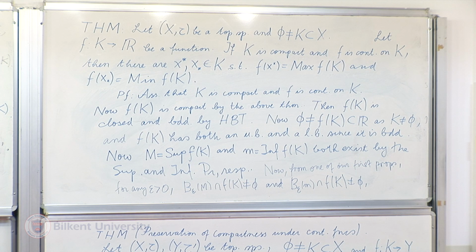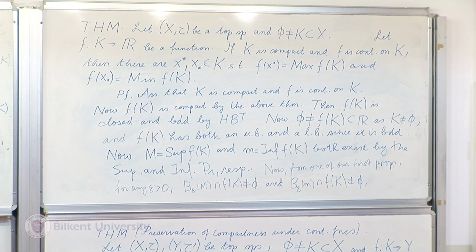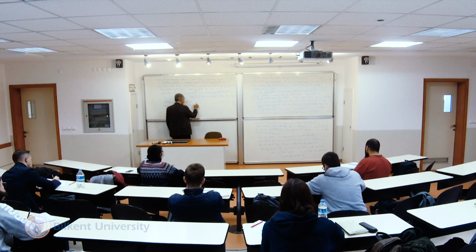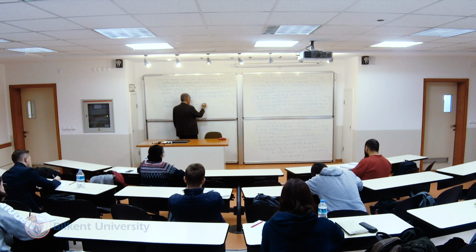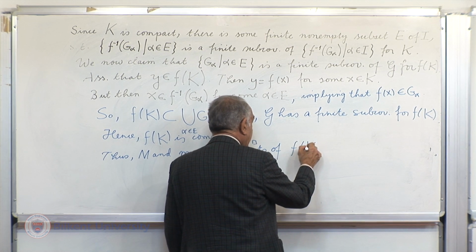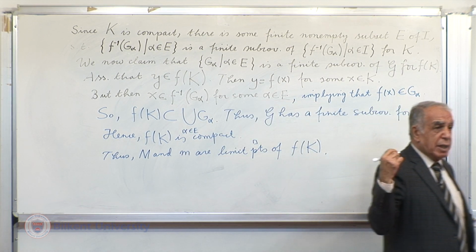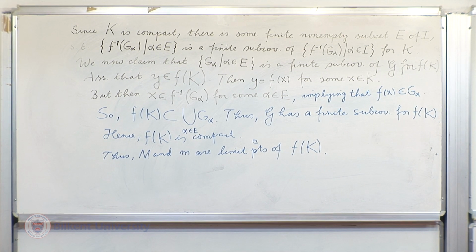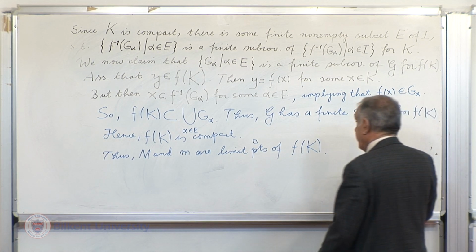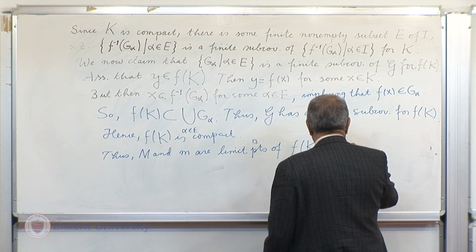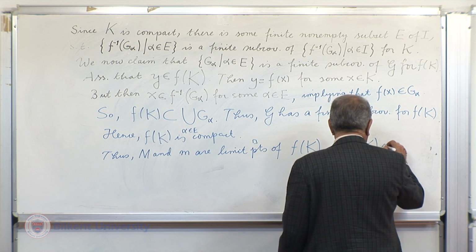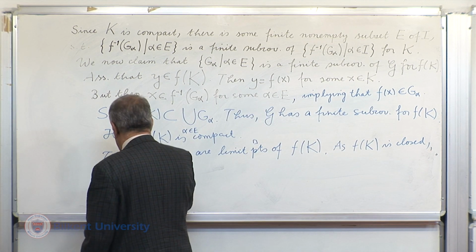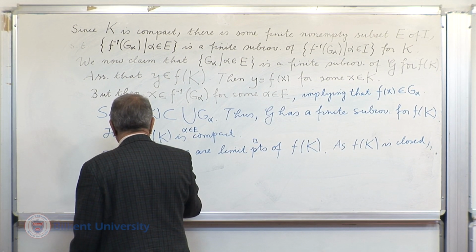Thus, M and lowercase m are limit points of F of K. Do they have to belong to F of K in that case? F of K is closed. It contains all its limit points. As F of K is closed, M and m both belong to F of K.